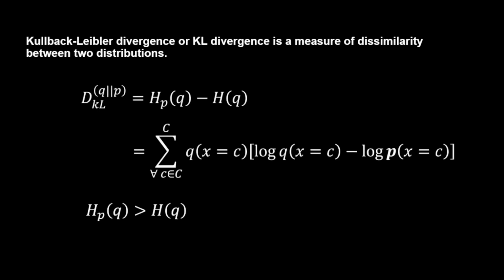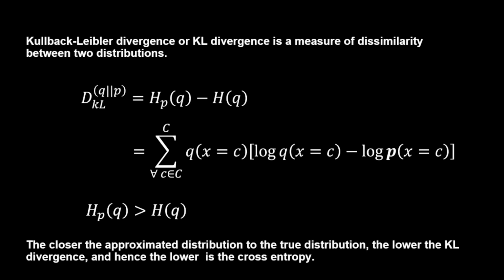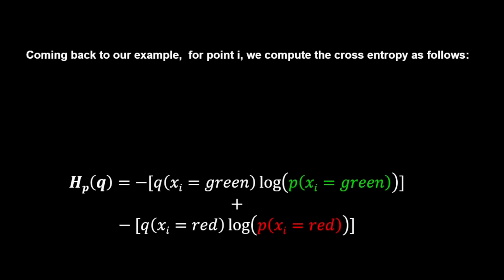It is basically the difference between the cross entropy and the entropy. The closer the approximated distribution to the true distribution, the lower is the KL divergence and hence lower is the cross entropy. Coming back to our example, for point i, we compute the cross entropy as follows.